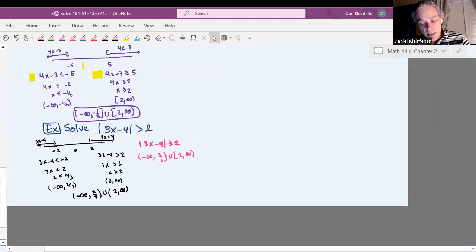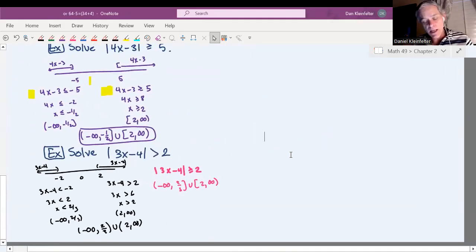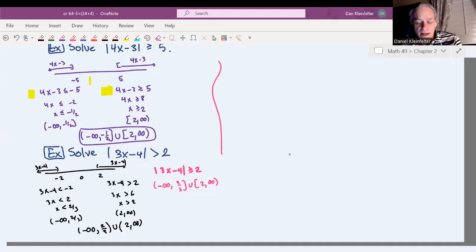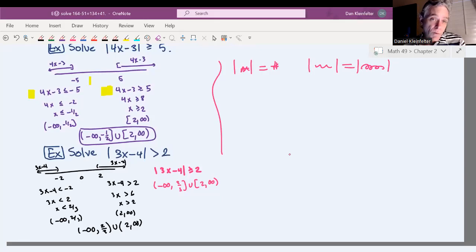Okay, so to kind of summarize, on the equations, we had absolute value of something equal to a number, or absolute value of something equal to the absolute value of something else. Either way, we set 2 little equations, and we often ended up with 2 answers.